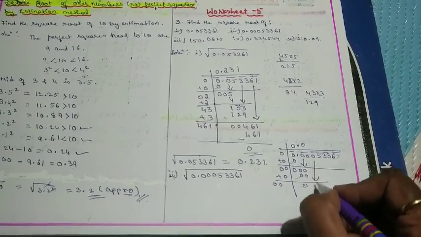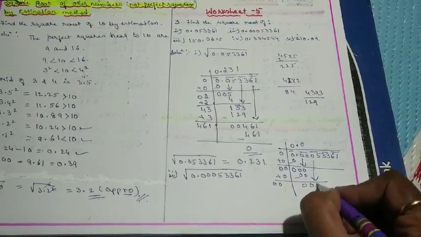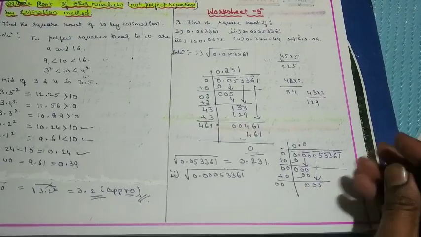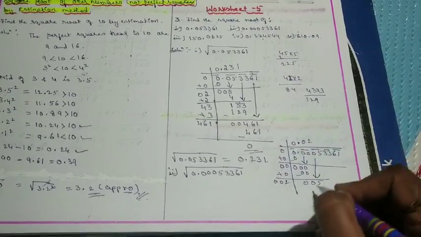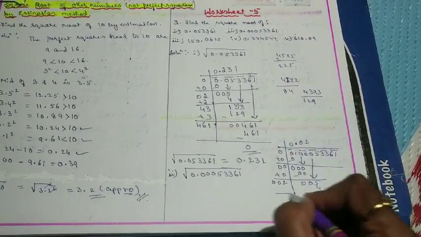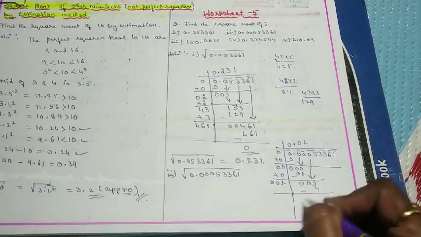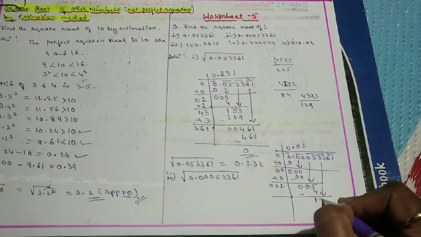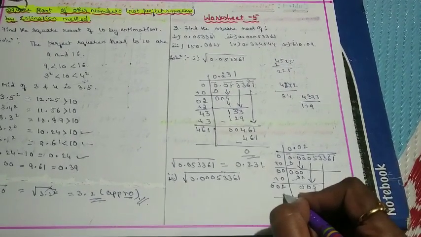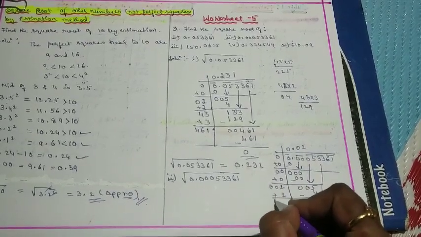Take the next period, that is 0.5. 0.05 is nothing but 5 itself. Nearer to the perfect square of 5 is 2 square, that is 2 2s are 4, and the subtraction of this makes 1. Bring the next period 33, it becomes 133. Add up 2, then you'll get 4.